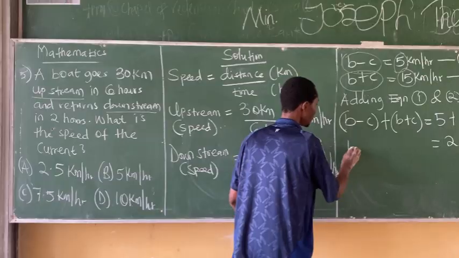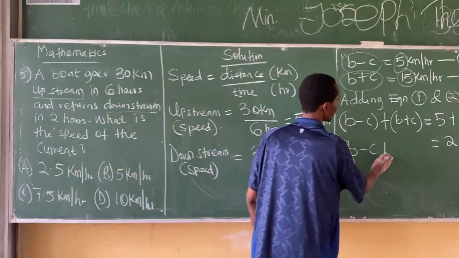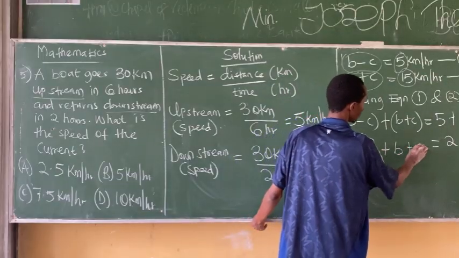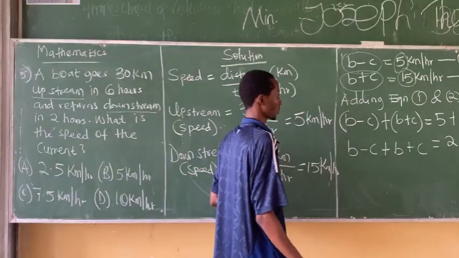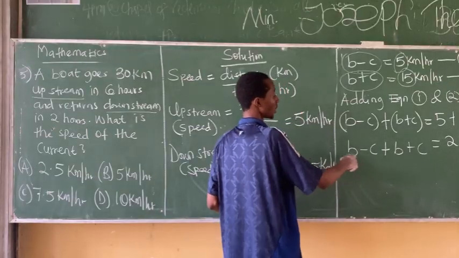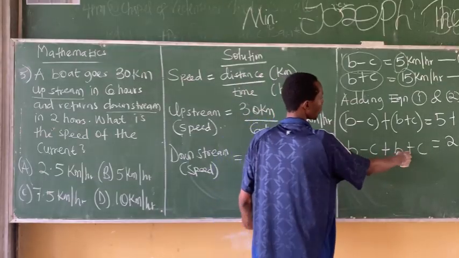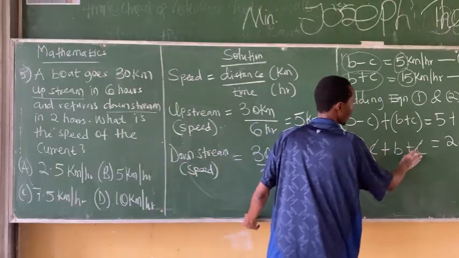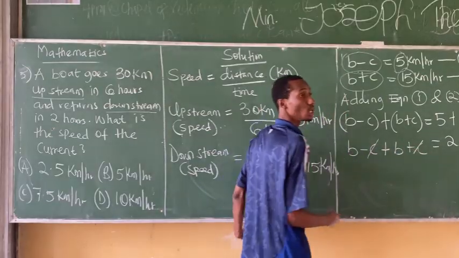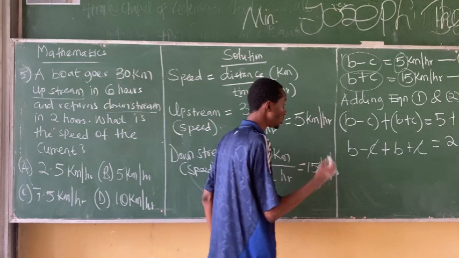We have B minus C plus B plus C. If we collect terms here, minus C plus C will cancel out. We're left with B plus B, which gives us 2B.